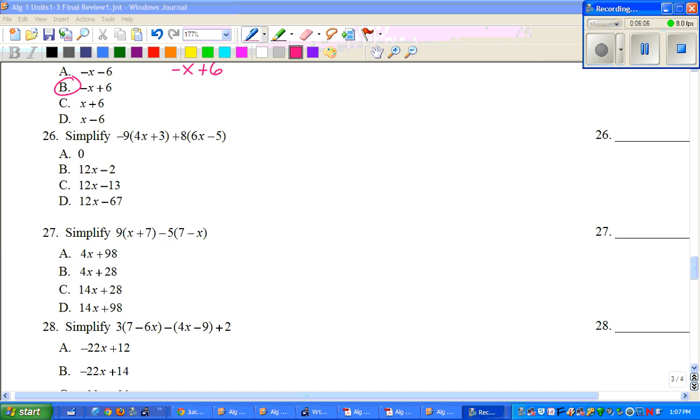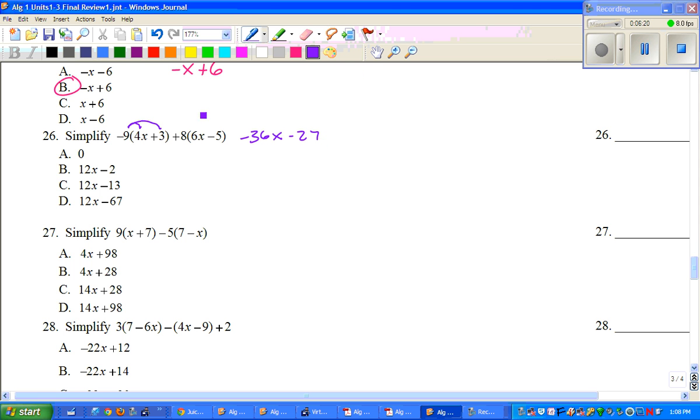So we're going to practice distributing again. So negative 9 times 4 is negative 36x minus 27. And we have to do this to both of them. So plus 48x minus 40.